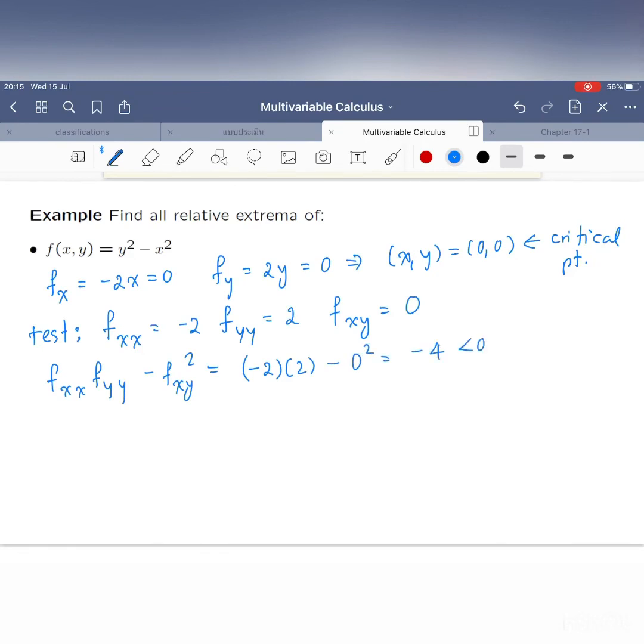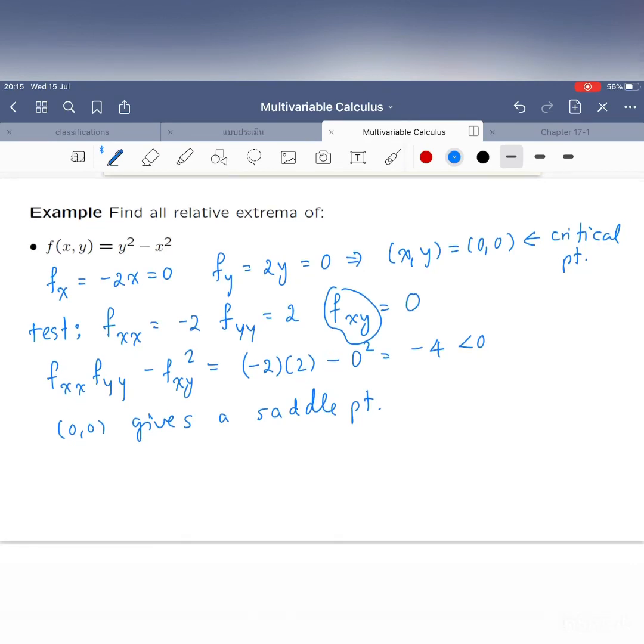So it means that your different direction wins. Okay, so it means that this one, the 0, 0, gives you a saddle point, and no relative max, no relative min occurs here for this function. Alright.